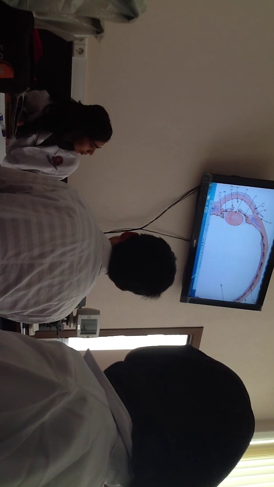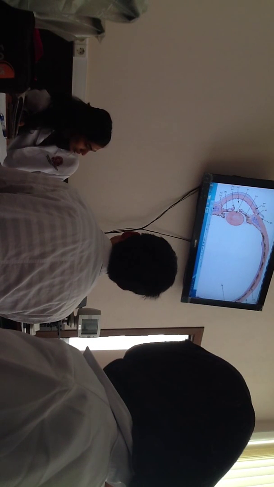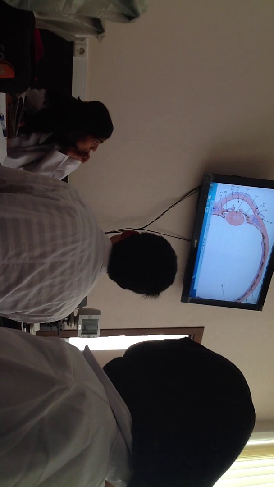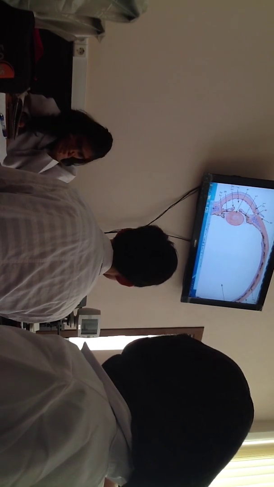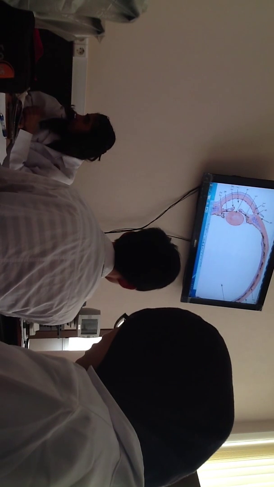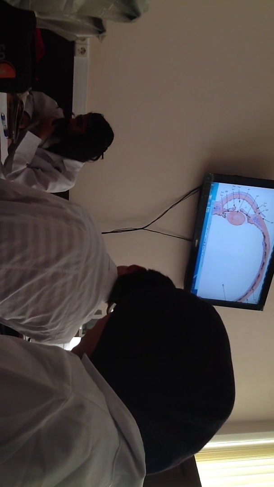The limbus is the region between the sclera and cornea. This passage is named the limbus, and here in the limbus there are canals that drain the fluid from the chambers. Is it clear?